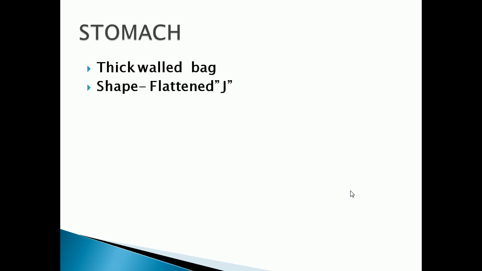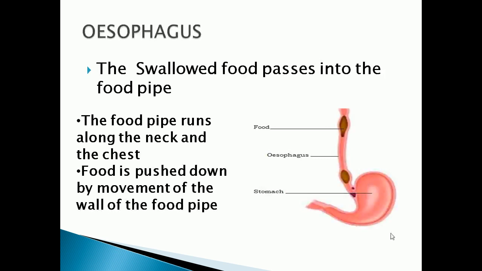Now we can see the function of the stomach in digestion. The stomach is a thick walled bag. Its shape is like a flattened J, as you can see in the picture.